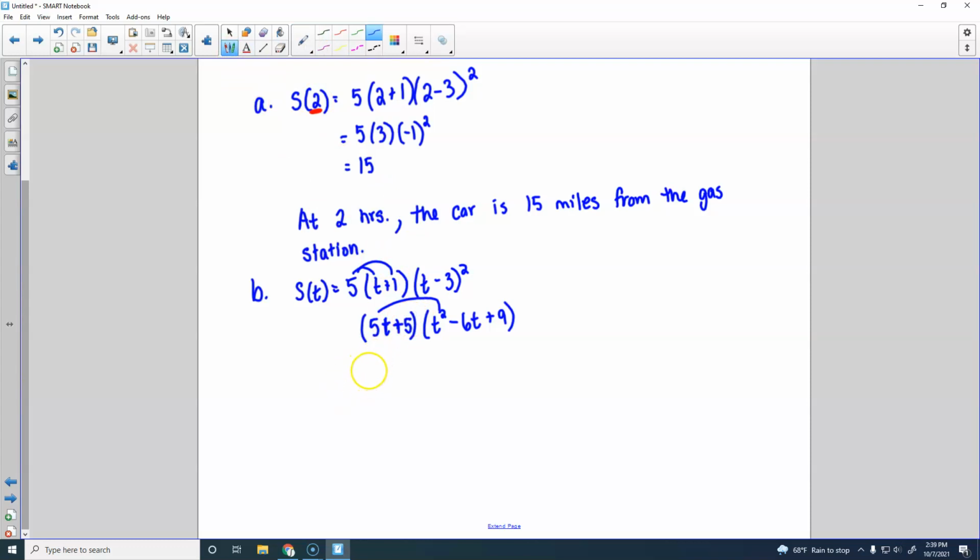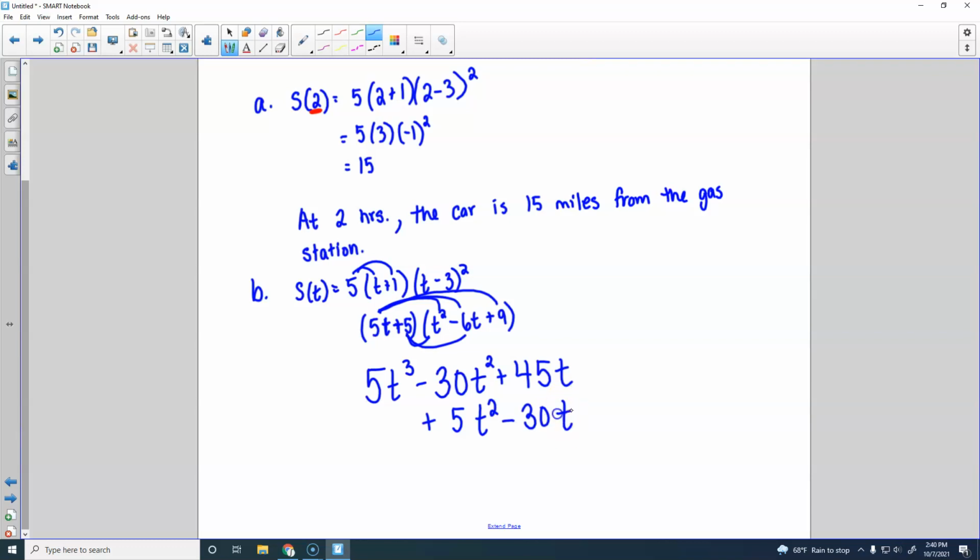Alright, so we have 5T cubed minus 30T plus 45T squared. And then we do 5T squared minus 30T plus 45.